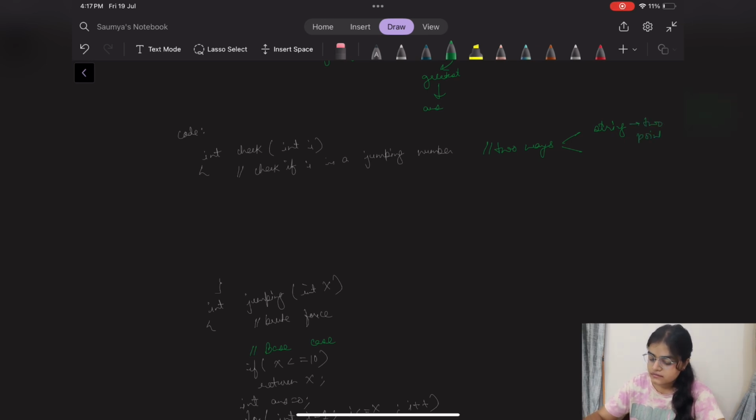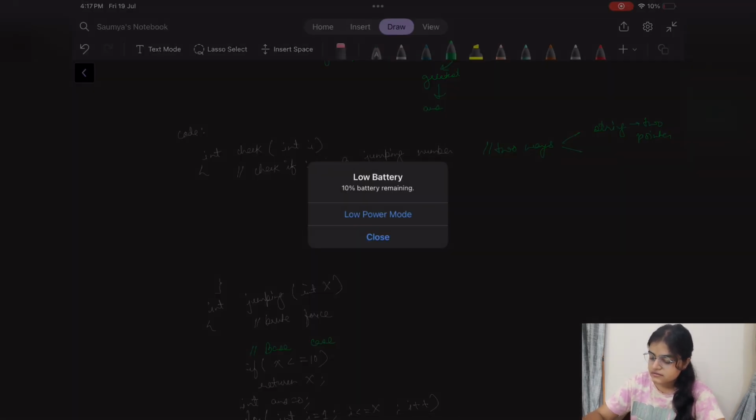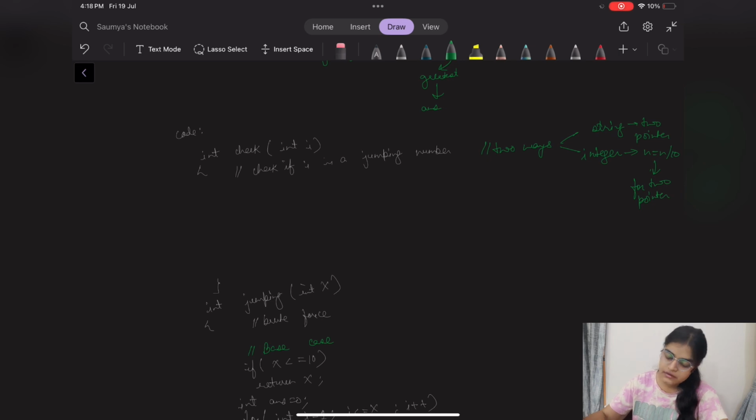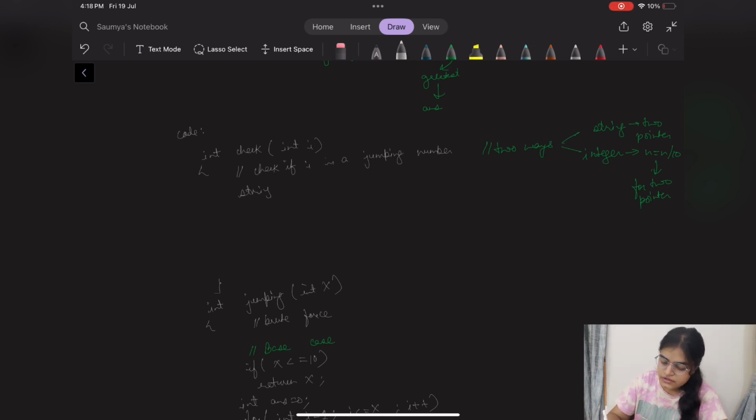Or just let it be an integer, then use n equals n divided by 10 for the two pointers. I'll go with the string part. String x equals string i.